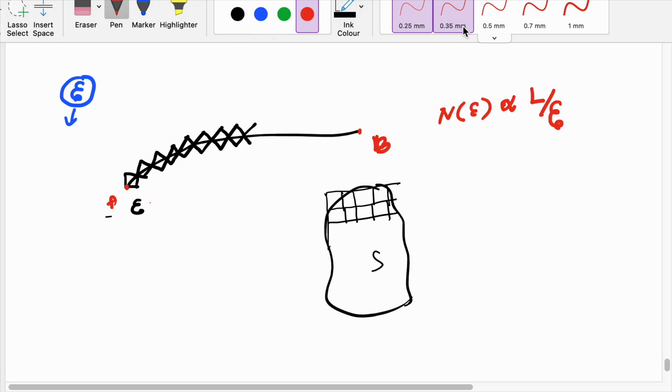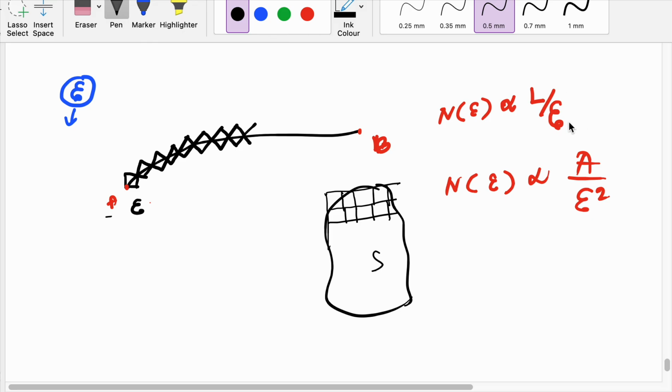You'll find that it will be, if the area is a, a by epsilon squared. Here you find that the exponent is 1 in one case and 2 in the other. That is not an accident, that is because of the dimensionality. This is a one dimensional object, this is a two dimensional object.